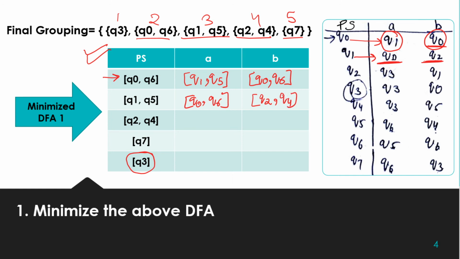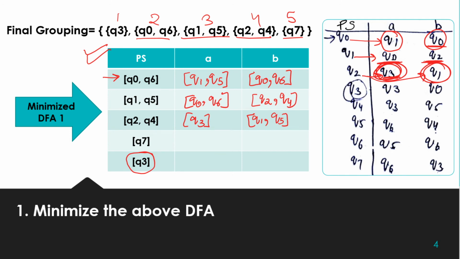Next, from Q2 Q4 we are moving to state Q3. So Q3 is the only state of the set, so Q3 will be written directly. And for input symbol B, we are moving to the state Q1. So instead of writing Q1, we will be writing the set as Q1 and Q5.